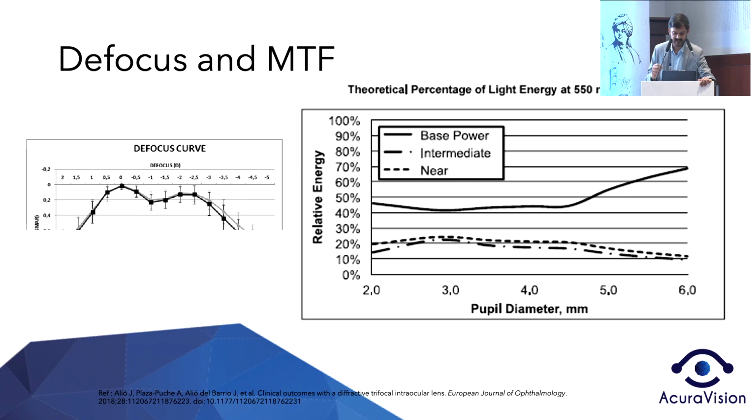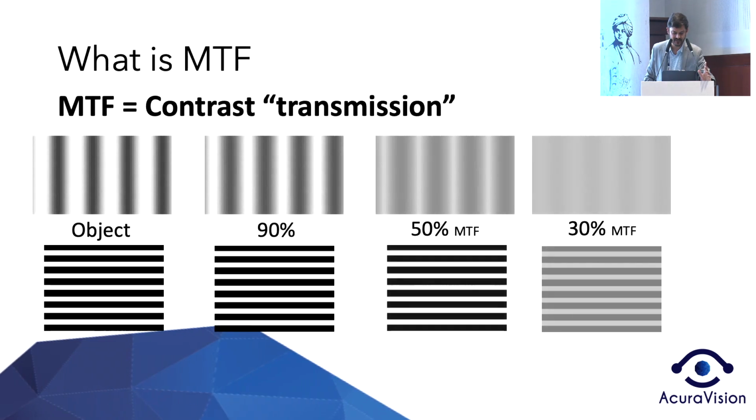The second thing that we should always look at is the defocus curve and MTF. While defocus tells you the Snellen visual acuity, MTF tells you the quality of that image, or the contrast sensitivity. In simple terms, MTF is contrast transmission.